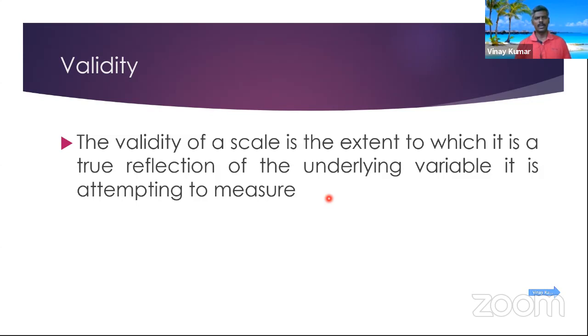Whether it may be a Likert scale, a staple scale, or a comparative scale, whatever scale the researcher is selecting, is it able to measure accurately what the researcher wanted to measure? That's one of the underlying points that the researcher has to consider before he selects any scale.